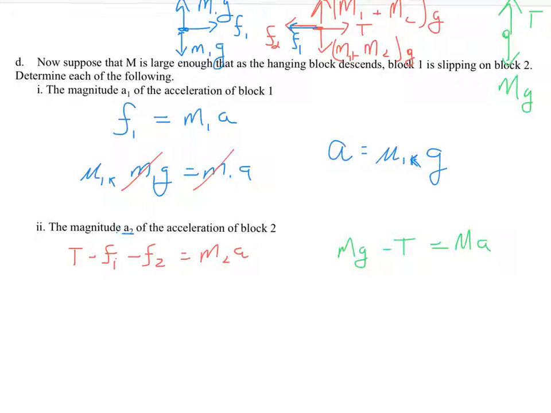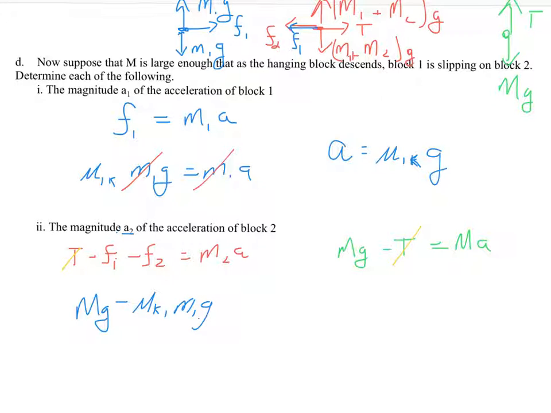Now when we add those two equations together, the tensions cancel out. So we're going to have big Mg minus friction 1. Friction 1 is equal to mu k1 times mass 1 times gravity.